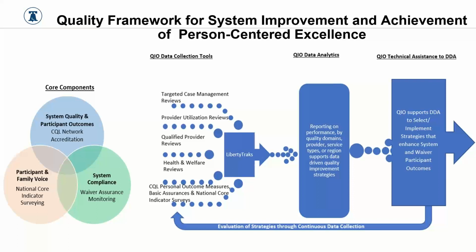So that information can then be shared with the department to really help in the selection of quality enhancement strategies that can be implemented and then continuously monitored with those data collection tools, so that we're really looking to see if they're having the desired impact. So it's all of those components together. So you can go to the next slide.